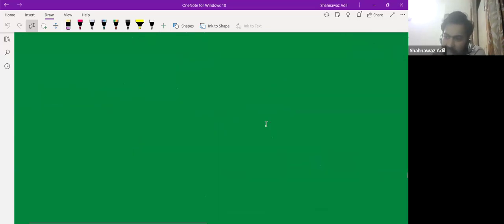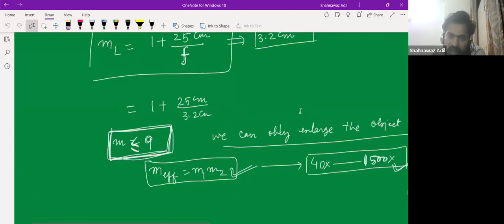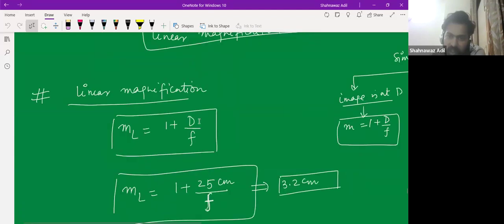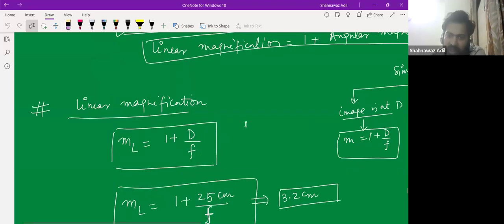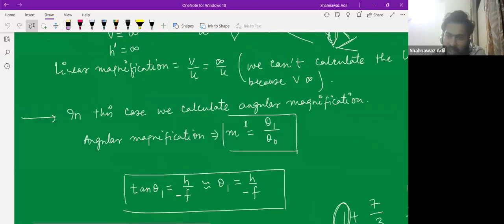So this was what I was talking about, the optical instruments. So for the simple microscope, the linear magnification was 1 plus D by F, theta by theta.